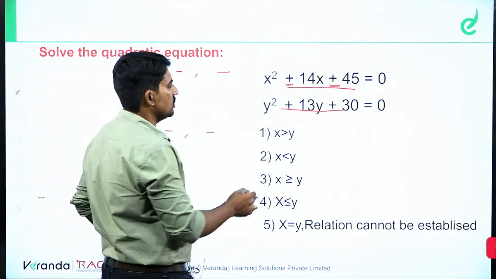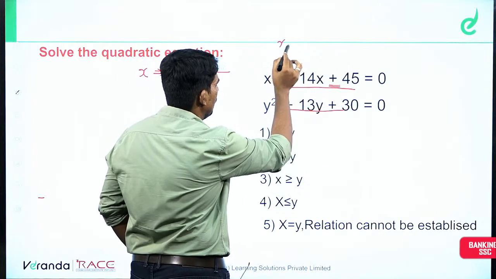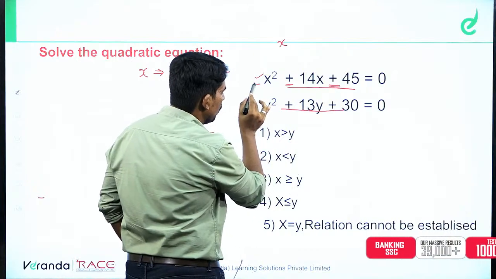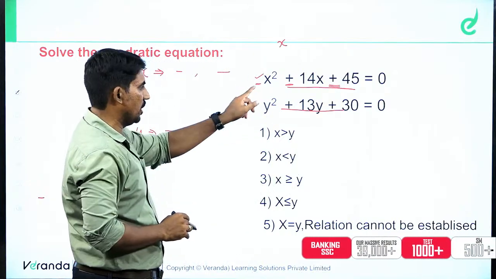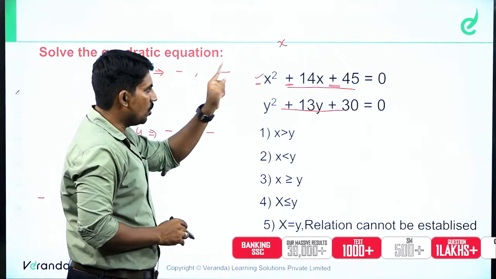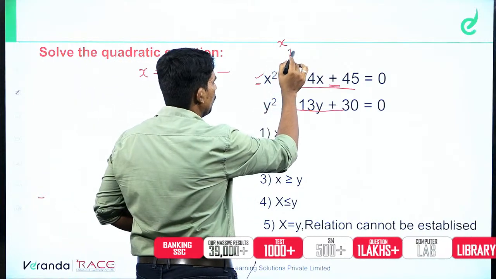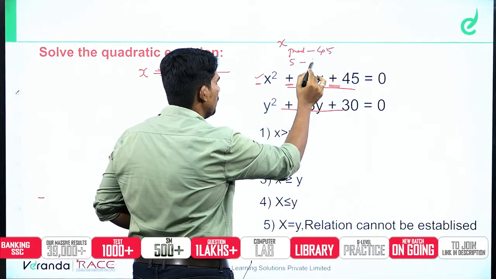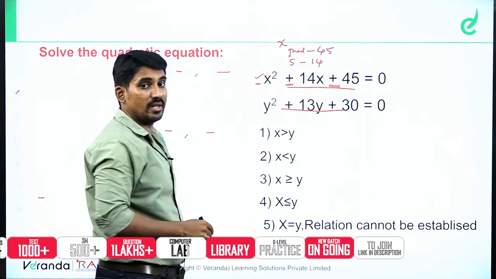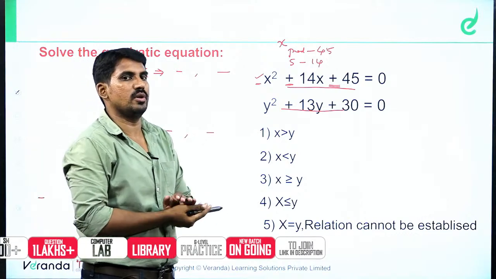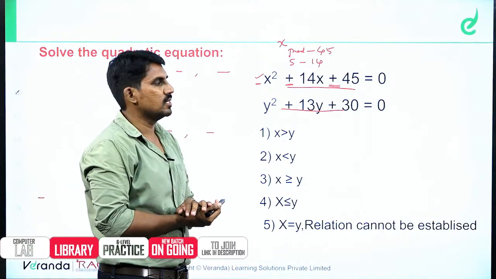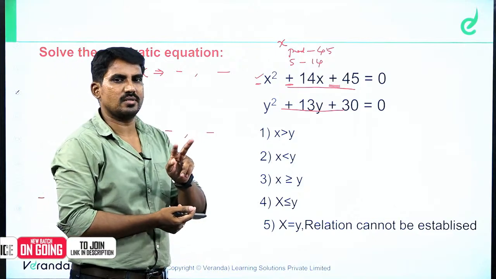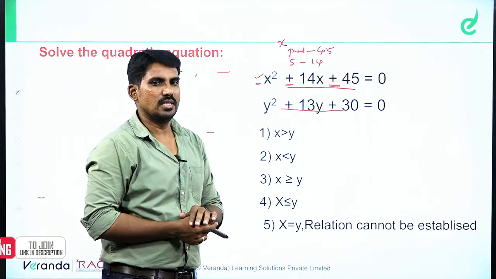Now, first for the x value, we are considering this equation. Here there is no a. Check carefully, there is no a. Therefore, 1 is there. The product should be 45, the sum should be 14. This is actually mind calculation. Freshers also have to understand, so I am saying, right? Two numbers, product is 45, sum is 14.